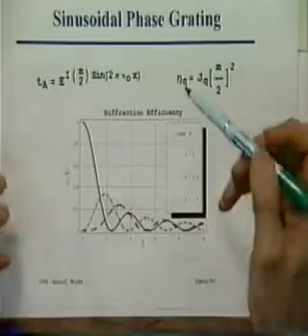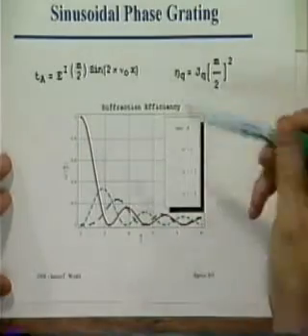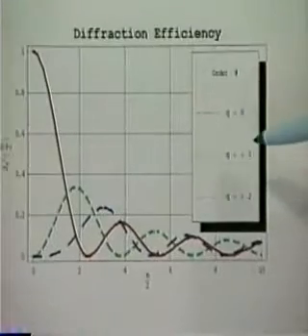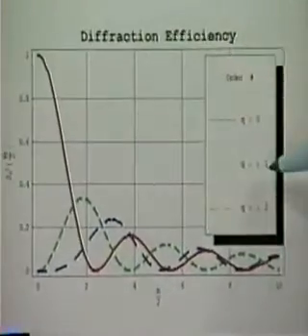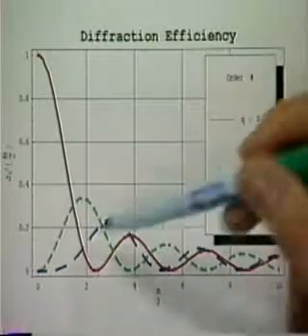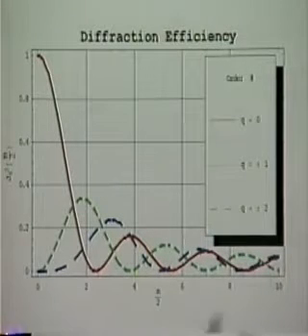So these are the order numbers. The red here is order number 0. The green is plus or minus 1. And the blue is plus or minus 2. And down here we have plotted m over 2.